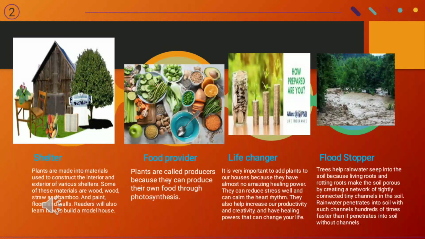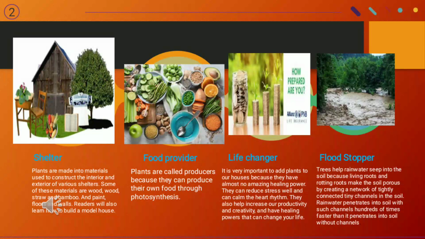Plants are transformed into materials that are used to construct the interior and exterior of a variety of shelters. Stone, wood, straw, and bamboo are examples of these materials. And then there's the paint, the floors, and the walls.